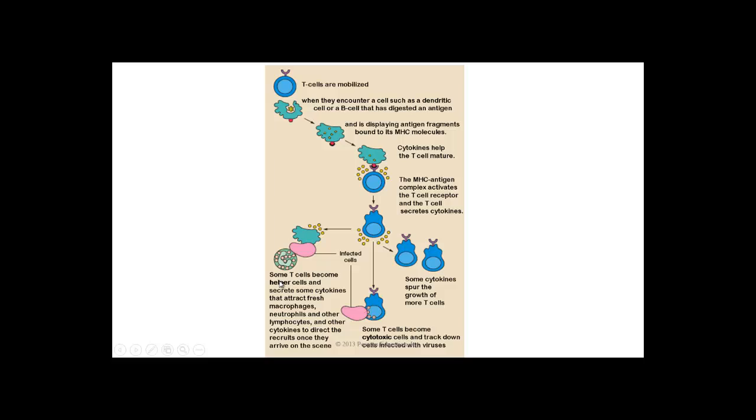And some will become helper cells, which will secrete cytokines and attract other white blood cells to the area to help fight the infection. So these T cells are really important in that they have to interact with an antigen-presenting cell that is presenting antigen on the surface, and that activates those T cells and helps them to become either helper T cells or cytotoxic T cells.